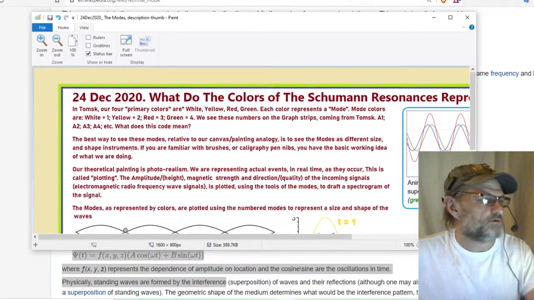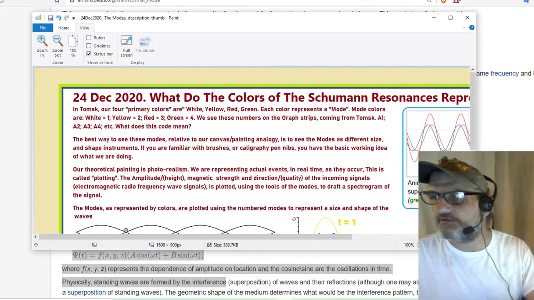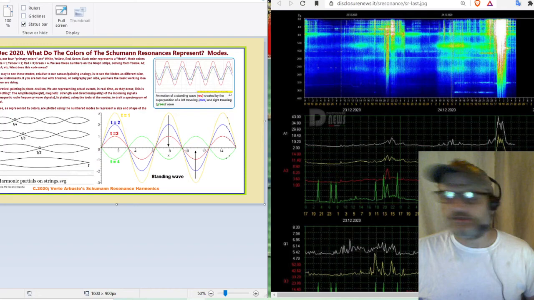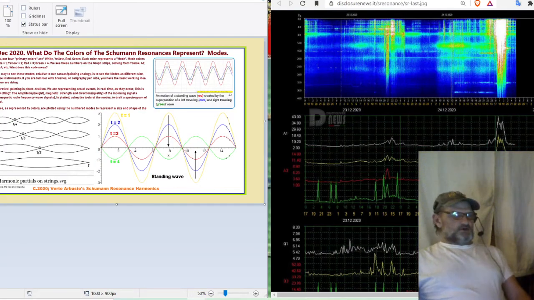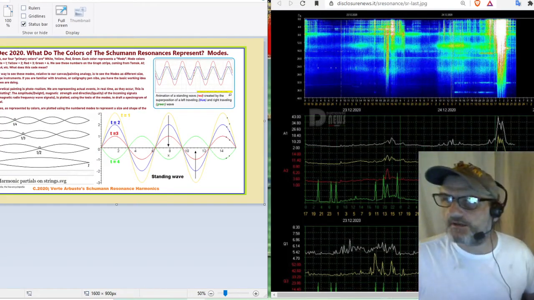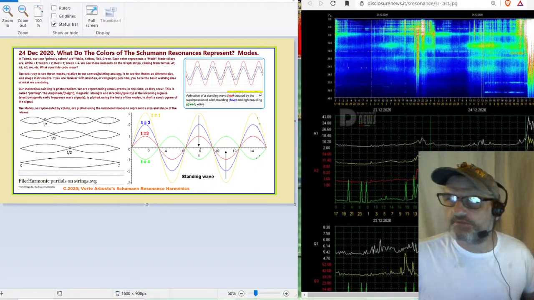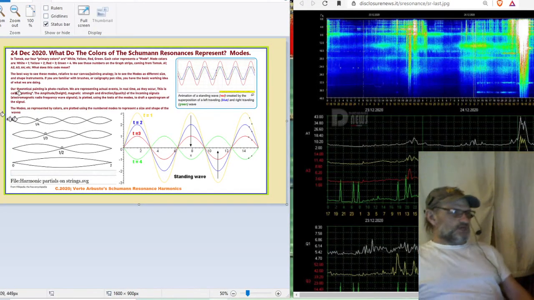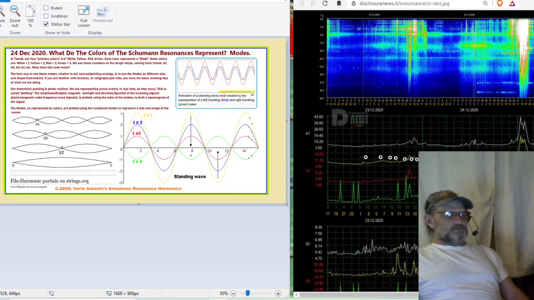When I talk about the Schumann resonances, and I talk about polar coordinates and the modes, this is what I'm talking about. These are the modes of amplitude, that's this right here, the height. And then over here, we talk about the partials on a string.